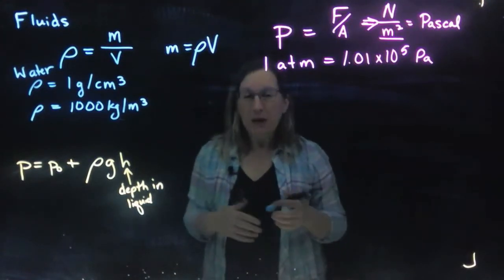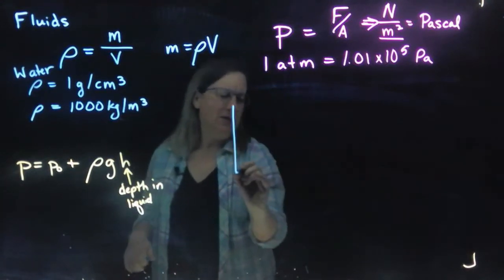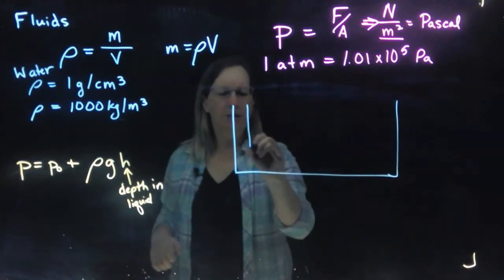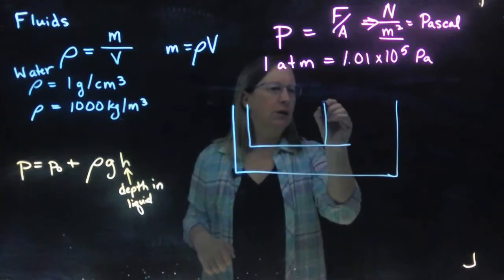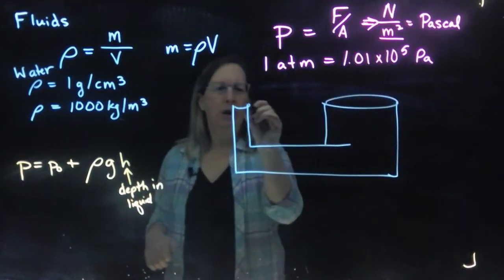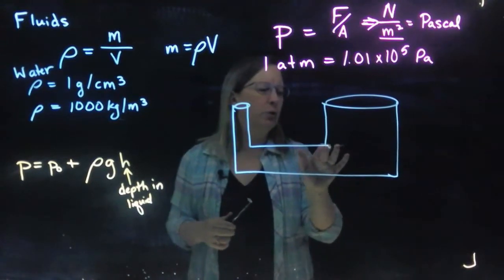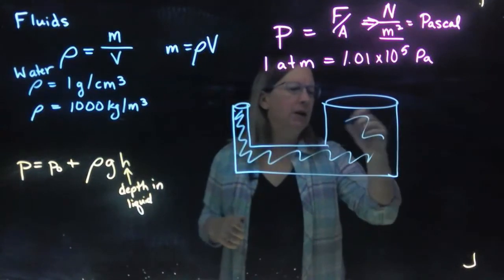This has some immediate consequences. We can see some examples of where this is useful. So one is where we want to lift things. A hydraulic lift is something that's set up, I guess it's something like this. So it's a platform and a small platform, and it's connected with some kind of fluid in between these platforms that can move up and down.